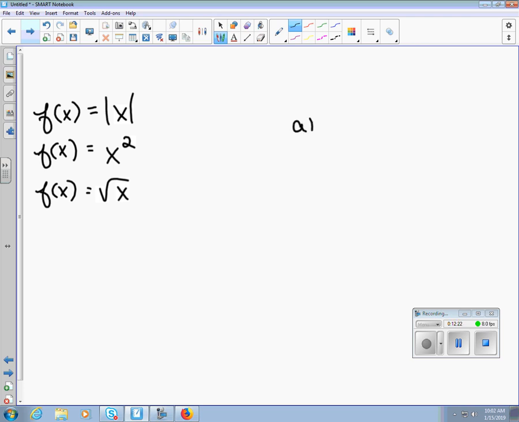So for these parts, what you're supposed to do is write an equation that represents the words. It says you want an absolute value equation that shifts up 5 and shifts horizontally right 3. Hopefully you remember that if it's going to change horizontally, that goes inside with the x value.